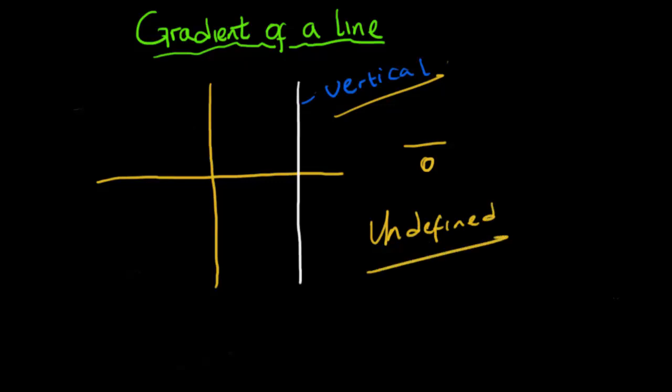Now the reason for this is any time you have 0 as the denominator, we say that fraction is undefined. For example, 4 over 0 is undefined. So if you do this on your calculator, it will be telling you math error. 2 over 0 is undefined. Now, because a vertical line does not have runs, it means that the slope of a vertical line is undefined.